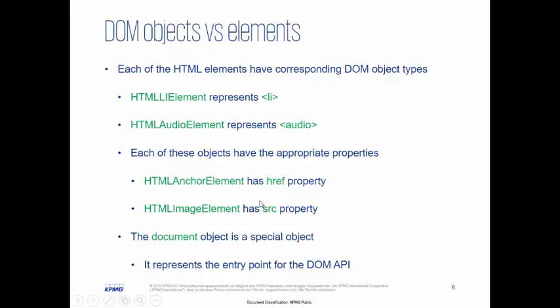We'll see some samples where we are manipulating styles, so each one of the styles has its own property name as well. But even if you don't know what properties those elements have, what attributes they have, you can still traverse through them, and you can read them with JavaScript, and you can discover them dynamically.